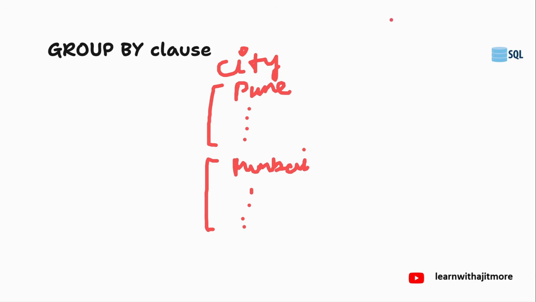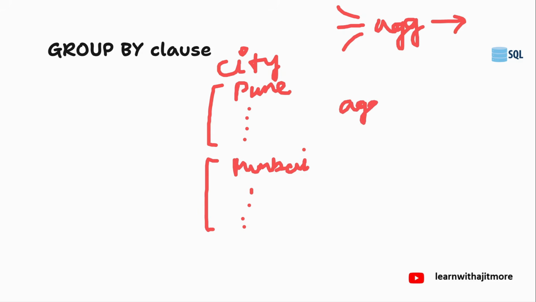I don't want to apply aggregate on the whole table, I want to apply aggregate on different groups. But ultimately the aggregate function is not spoiling its definition. Aggregate function says I take a set of values as input, summarize them, and give you a single value as output. Here also, but you will get one value for one group.